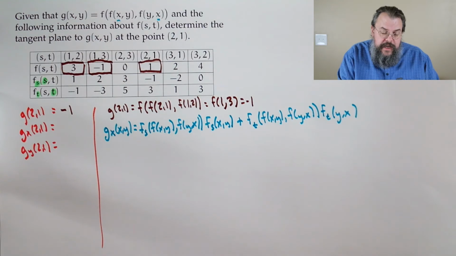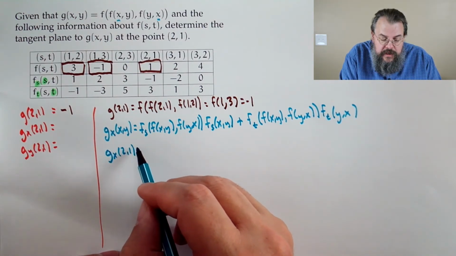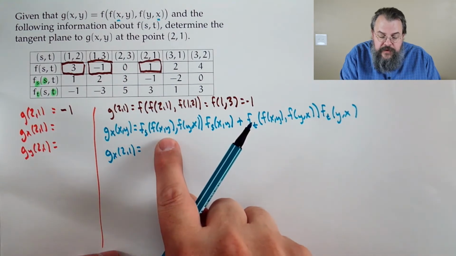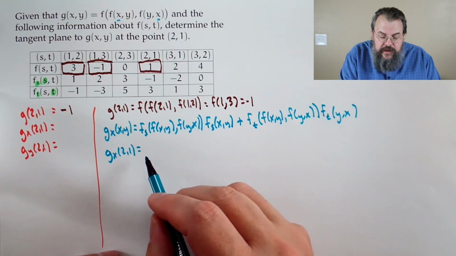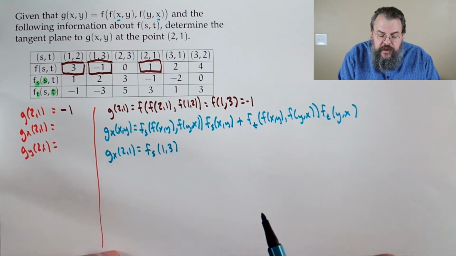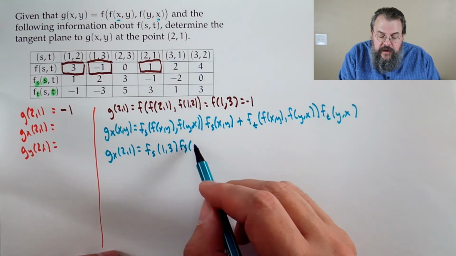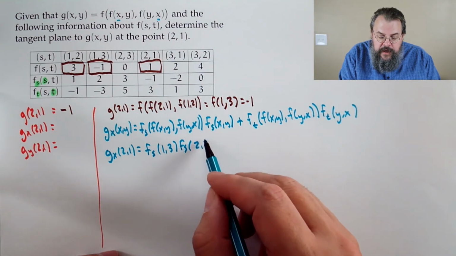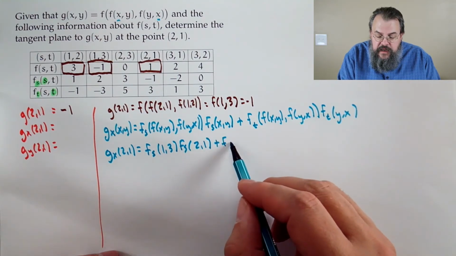Okay, now let's plug stuff in. So we can say g sub x of (2, 1). Well, this f(2, 1), f(1, 2), we already know it's going to become (1, 3). So it's f sub s at (1, 3) times f sub s of (2, 1) plus f sub t.